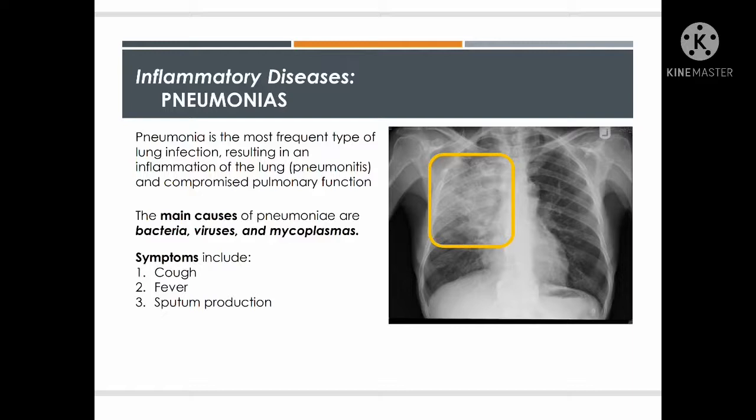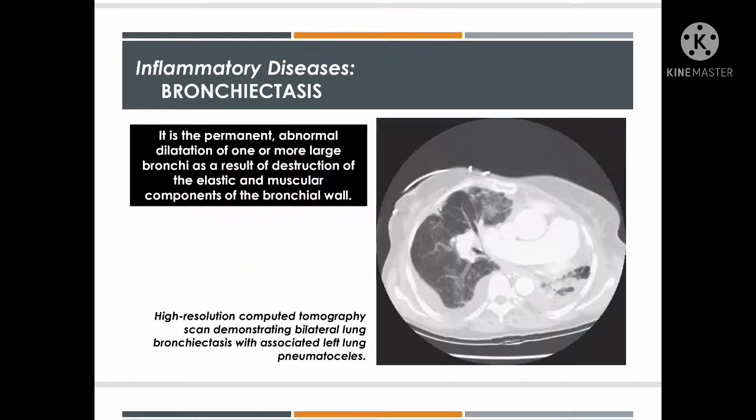Symptoms associated with pneumonia include a cough, fever, and sputum production, usually developing over days. Individuals with pneumonia often exhibit tachypnea, and on physical evaluation, crackles may be heard in conjunction with bronchial breath sounds.